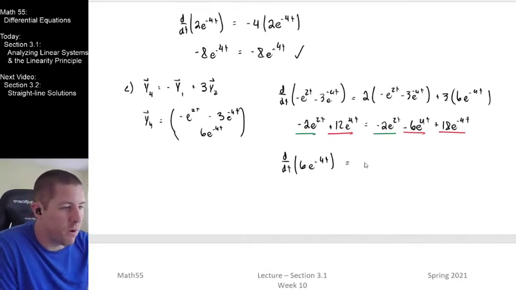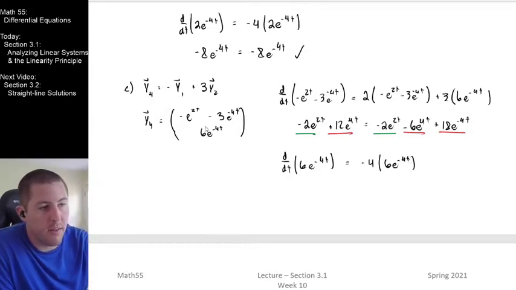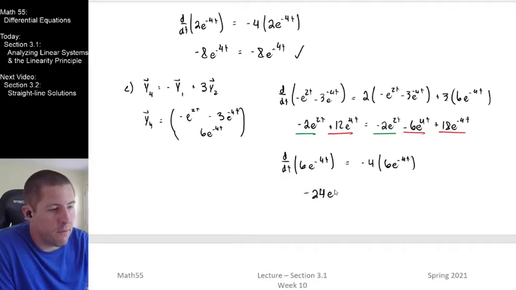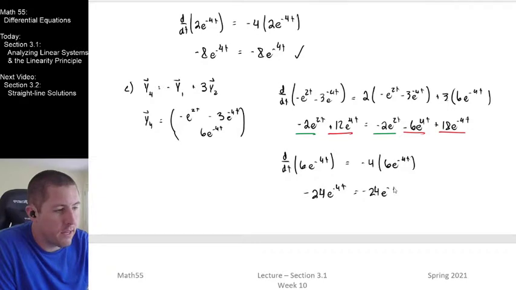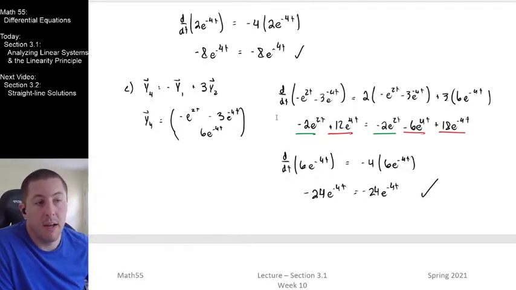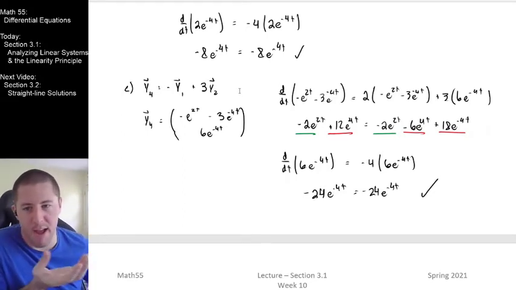So that's negative 4 times our y component, 6e to the negative 4t. That's our y component right there. That's y of t. And we can see that this clearly is going to happen right here. Negative 24 e to the negative 4t equals negative 24 e to the negative 4t. Cool. So what we've shown right here is that in this case, now we didn't show that this is true for any of them, but I hope that it's believable.